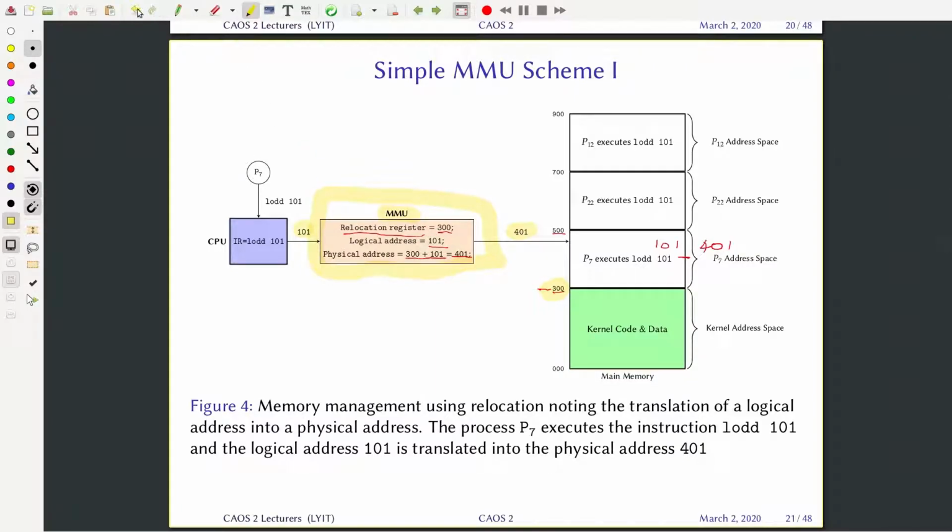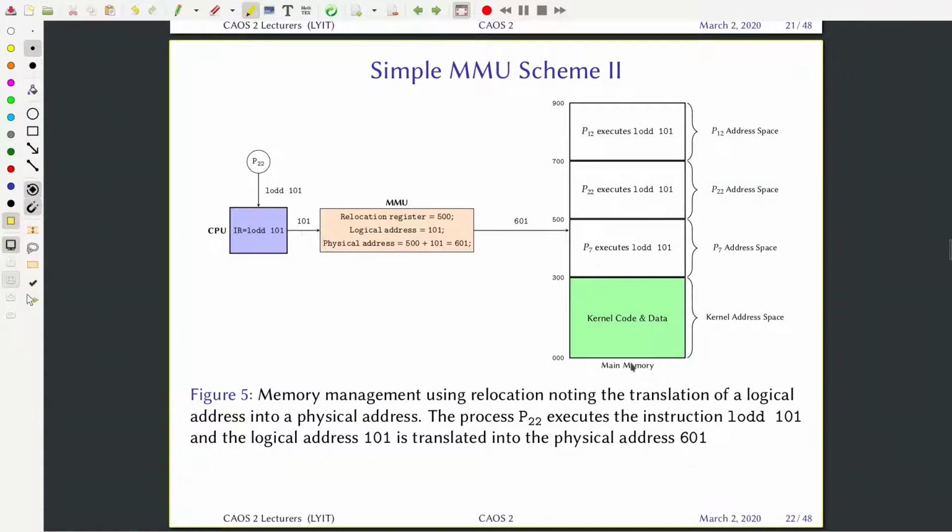Naturally, the entire memory management unit, the values that are set into the registers for the relocation register, they're all under the control of the kernel. Okay, so this is a very nice example because it shows us relocation. So let's proceed on to the next slide, and the next slide shows us the same diagram.